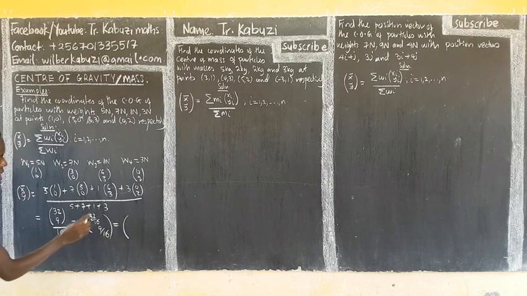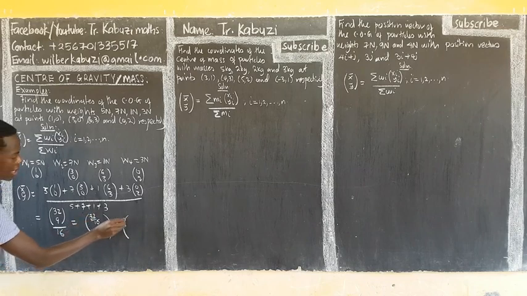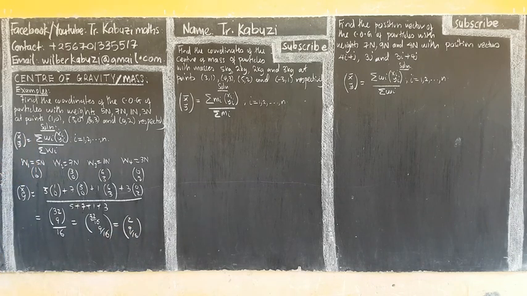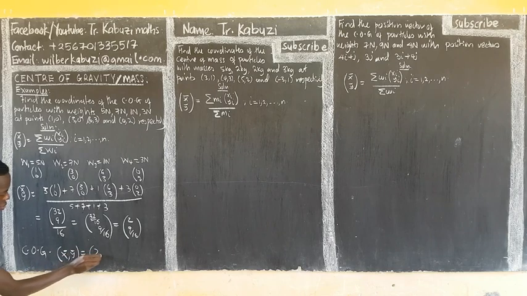So up we are getting 2, and down we get 9 over 16. So they asked for the coordinates, so our center of gravity is going to be at the coordinate x bar, y bar, which is going to be (2, 9/16) with ease. So there you are done.